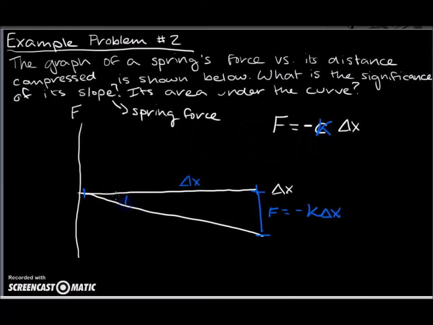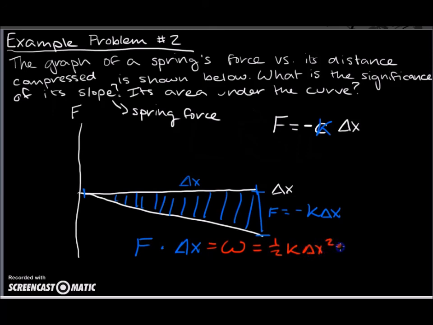So the area under this curve is going to be equal to the force times the distance at which it's being applied. And that should sound familiar to you because that is actually the work that's being done on the spring, which we know is equal to 1/2 times k times delta x squared, which is also equal to the spring potential energy in this situation.